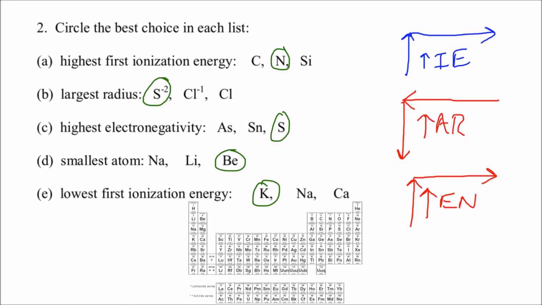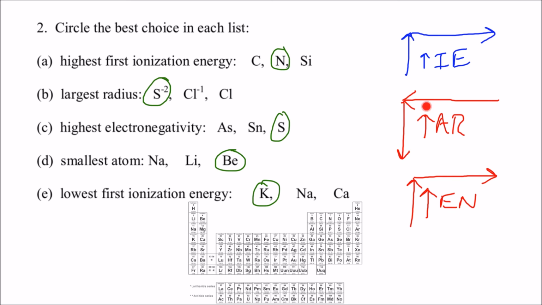So we need to have an element that's as high up as possible and as far to the right as possible. So let's see, it's between arsenic and tin and sulfur. So the highest one up is sulfur, and the furthest one to the right is sulfur. So sulfur wins.